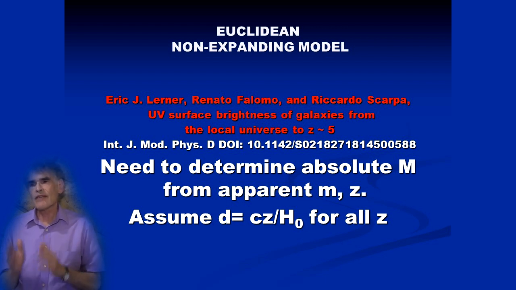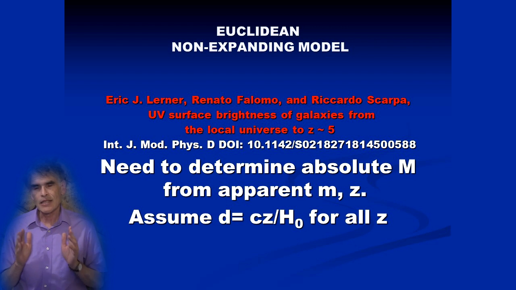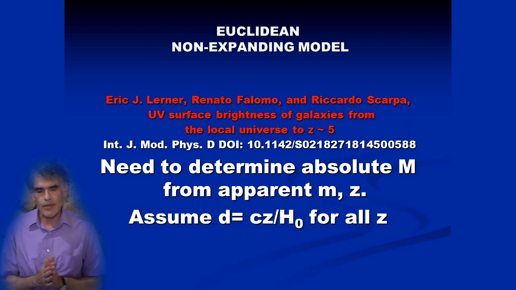To do that, you have to assume a relationship between distance and redshift. The hypothesis that we made, which I proposed back in 2003 initially, was that it's a linear relationship for all z. Distance is proportional to z throughout all z.